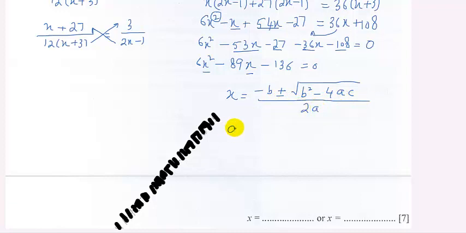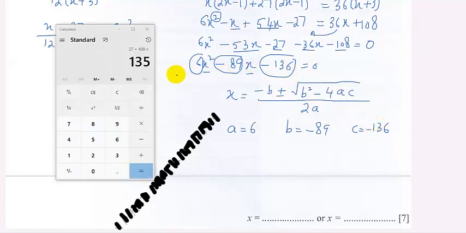Here a is this 6, b is minus 89, and c is minus 136. Okay, I made one mistake.